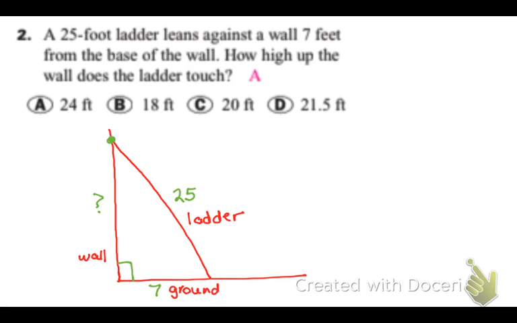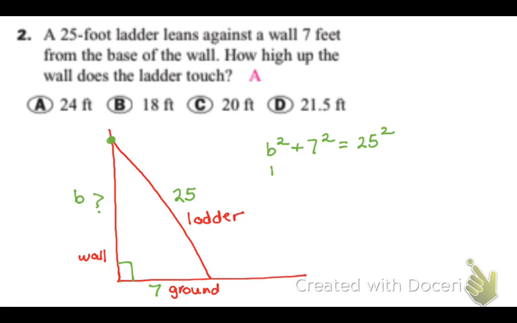Let's call this guy B for building. So if I have b squared plus my length here, 7 squared, the ground, it should equal the height of the ladder squared, because this is a right triangle.